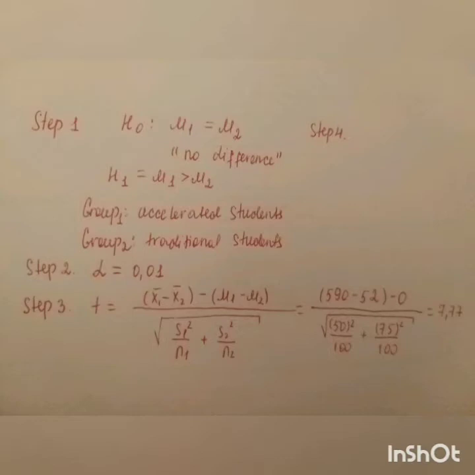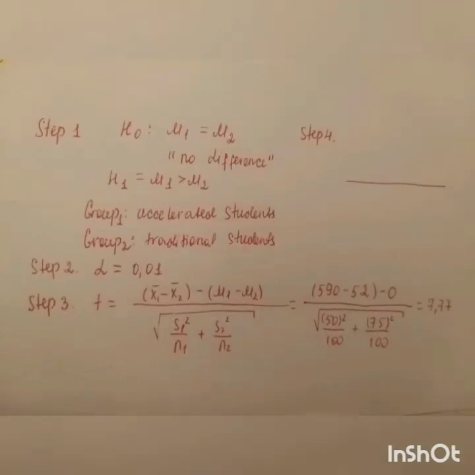So, for the test statistic, we have the following formula. Once we plug in the values from the scenario, we obtain the following, with μ1 minus μ2 equal to 0. After computing, the test statistic is equal to 7.77.